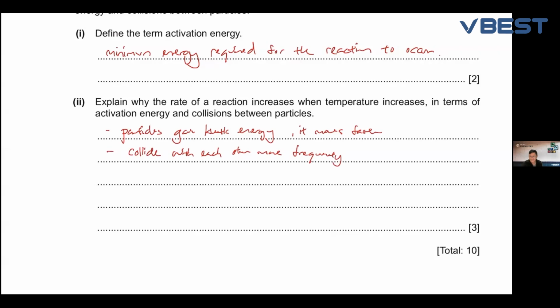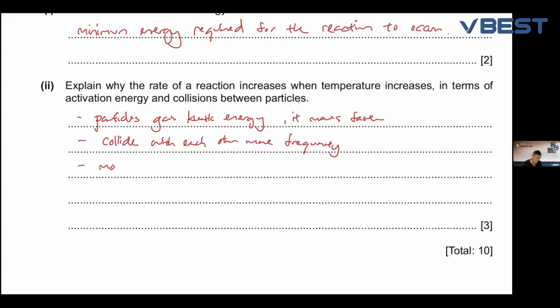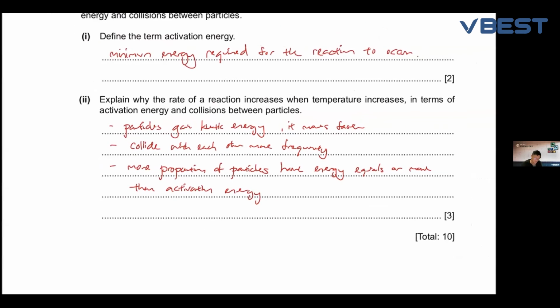So when particle energy is the same or higher than activation energy, more portion of particles have energy equal to or more than the activation energy. Since they mention activation energy, most of the time we normally mention sufficient energy. But since they want to mention the activation energy, you have to elaborate the sufficient energy. Sufficient energy means it's equal to or more than the activation energy.